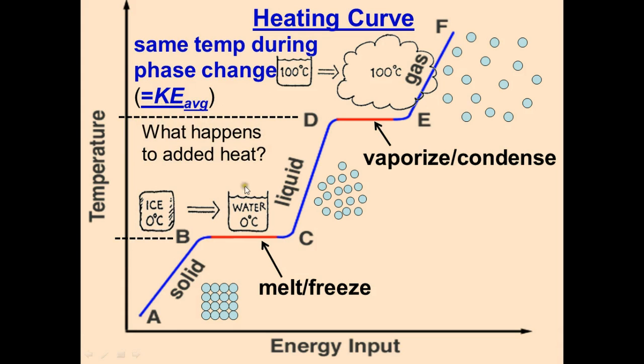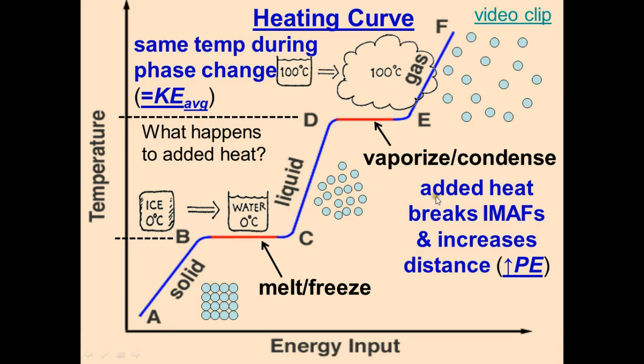So this added heat, normally added heat changes the temperature and increases it like this, these sloping regions. But when we're at these little phase changes, the heat goes into breaking the IMAFs and increases distance or potential energy.